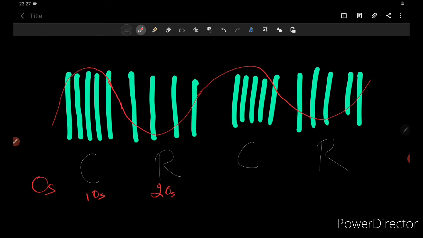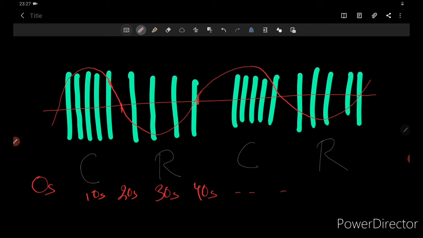The wave comes back here at 20 seconds, and then we have rarefactions in, suppose, 30 seconds. Again the wave comes to the mean position, suppose at 40 seconds, and it keeps on going.